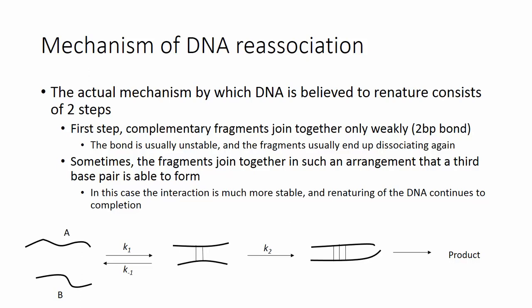So they'll associate, dissociate, associate, dissociate. But sometimes the fragments join together in such a way that a third base pair is able to form. In this case, the reaction is much more stable, and renaturing continues all the way to completion. Once we have that third base pair, we go all the way to our product of fully renatured DNA.